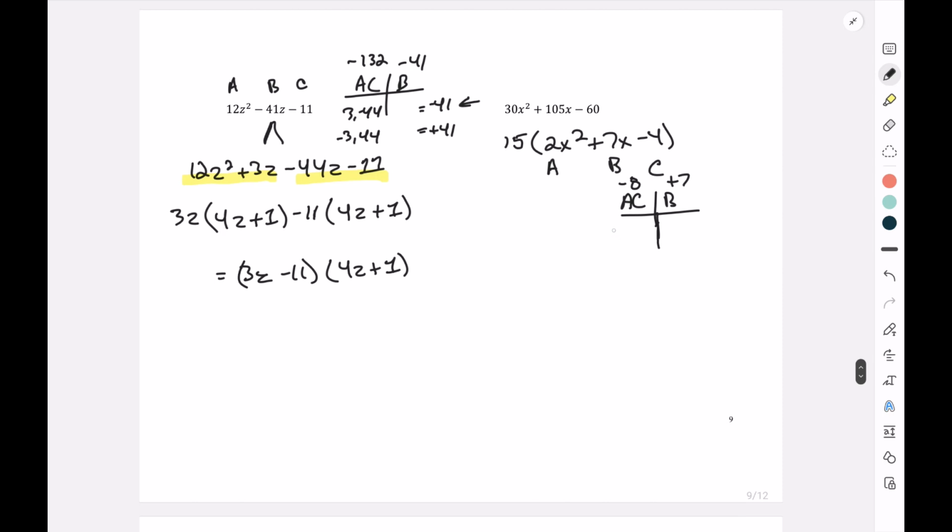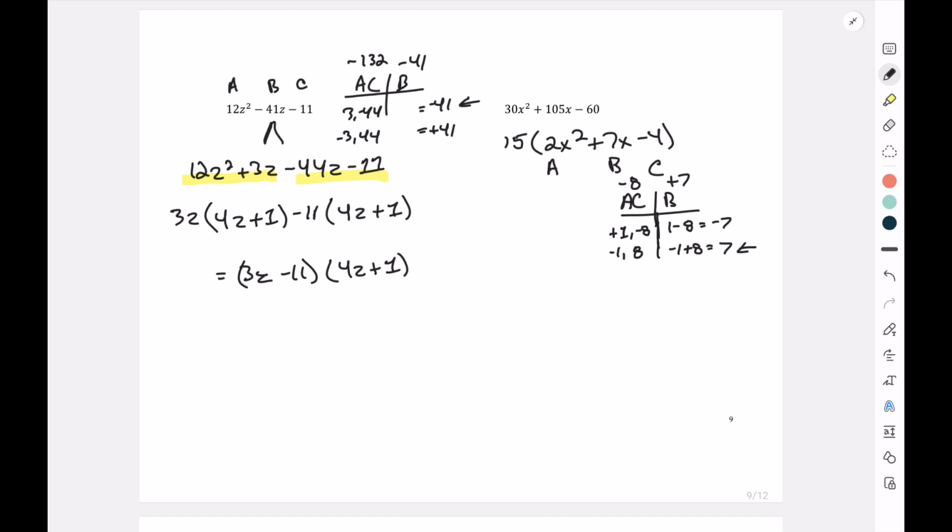So I'm going to look at positive 1 and negative 8, and then a negative 1 and a positive 8. But since we want it to add up to 7, 1 minus 8 would give us a negative 7, negative 1 plus 8 would give us a positive 7. And so that is going to be the one that we're going to be using.